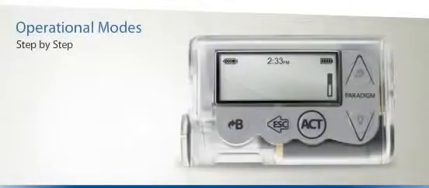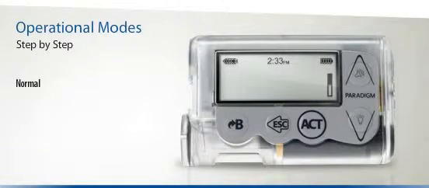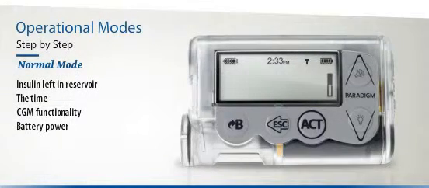Your Paradigm VEO has 3 basic operational modes: Normal, Special, and Attention. In normal mode, on the top left side of the screen, you will see how much insulin is left in the reservoir.